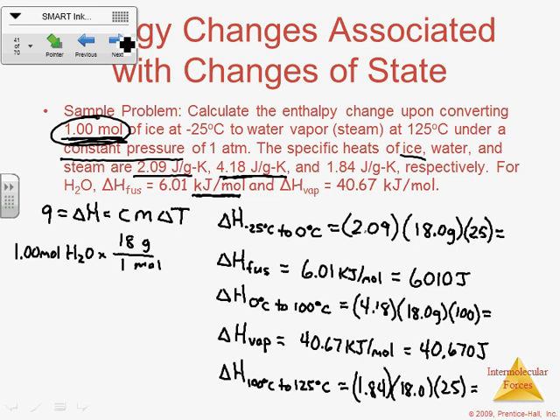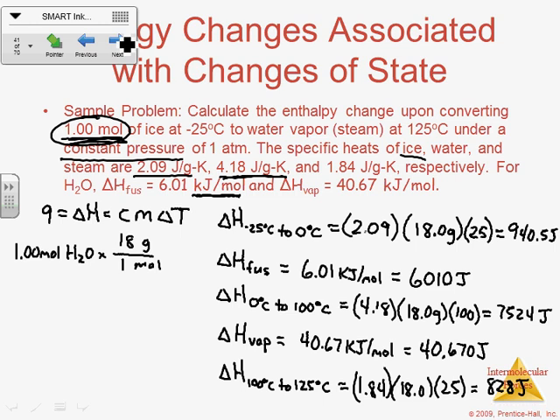This one right here, I'm getting 940.5 joules. Then 6,010, already got that taken care of. 4.18 times 18 times 100 is 7,524 joules. And then 1.84 times 18 times 25 is 828 joules.